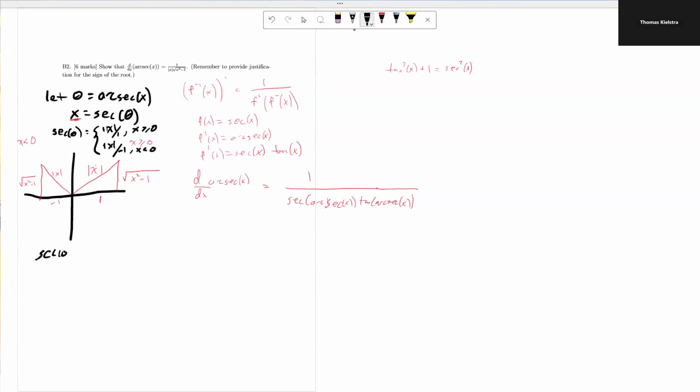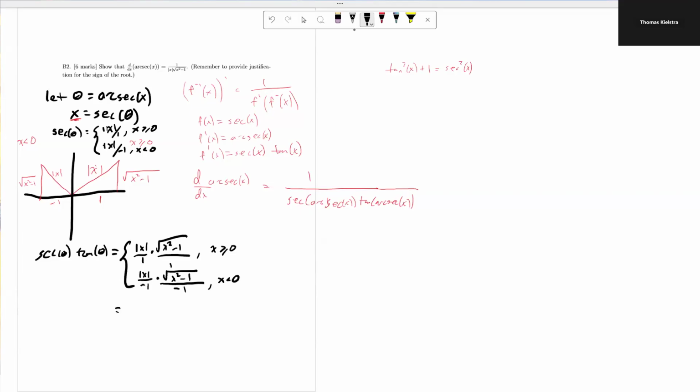So if I look at secant theta tan theta, this is going to equal, and I'm going to break it up into the two cases, absolute x over 1 times root x squared minus 1 over 1 if x is greater than or equal to 0, and absolute x over minus 1 times root x squared minus 1 over minus 1 if x is less than 0.